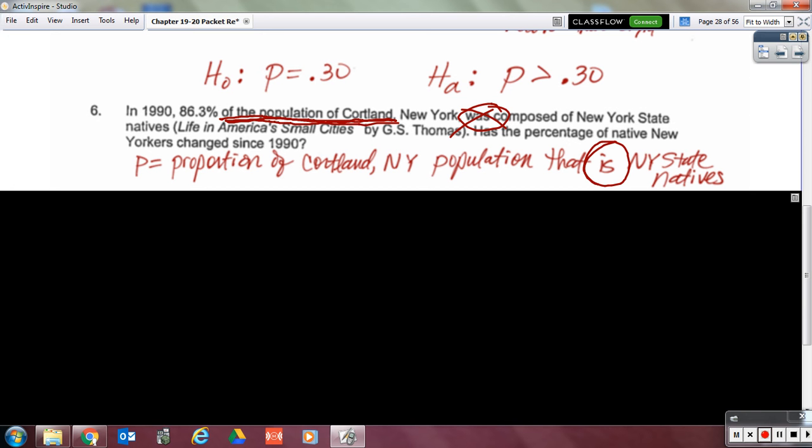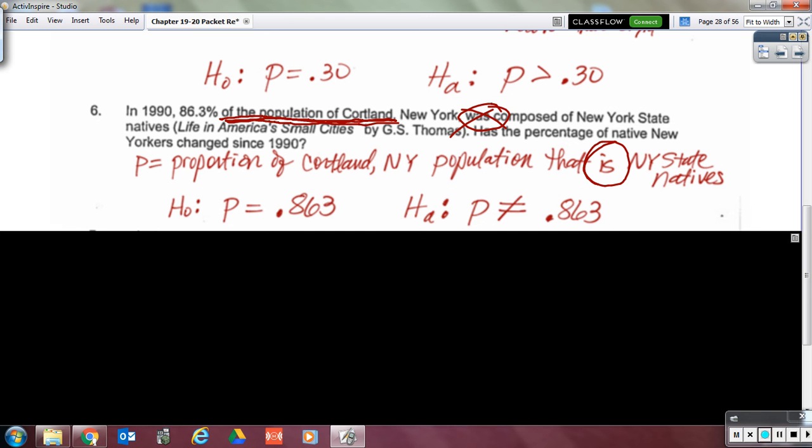See, that's a different denominator if you said it the other way, and so it matters. It is proportion of the town of Cortland that is New York State natives. The null hypothesis, P equals 0.863 or 86.3%, and it just wanted to know if it has changed. So if we want to know if it has changed, then that's the not equal to.